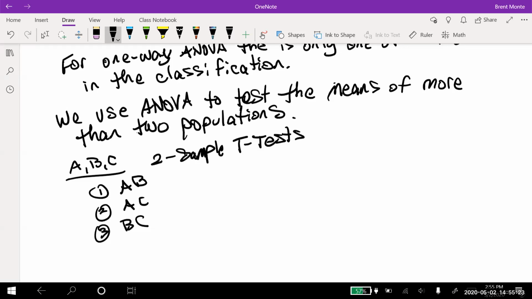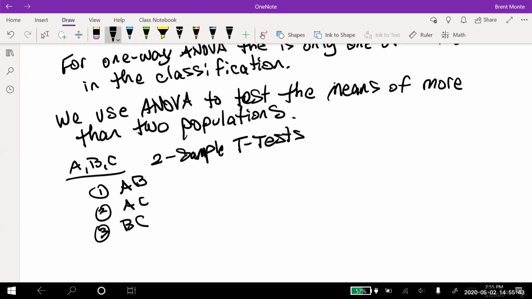Well, that 5%, now when we do AC and compare those, we add some additional probability of a type 1 error. It's not the whole 5%, but it adds to the 5% we had from the A and B. And then when we do BC, we even have more of a type 1 error.